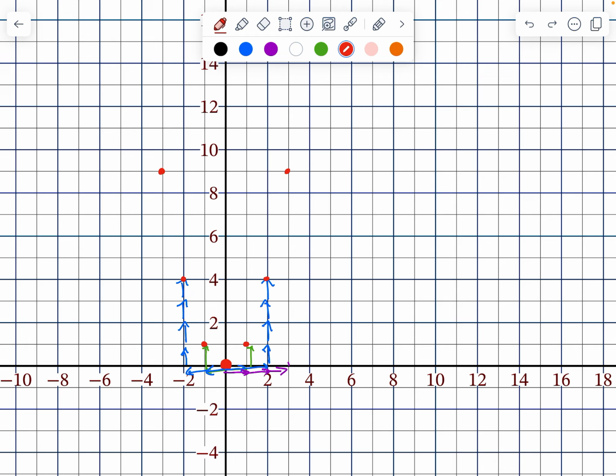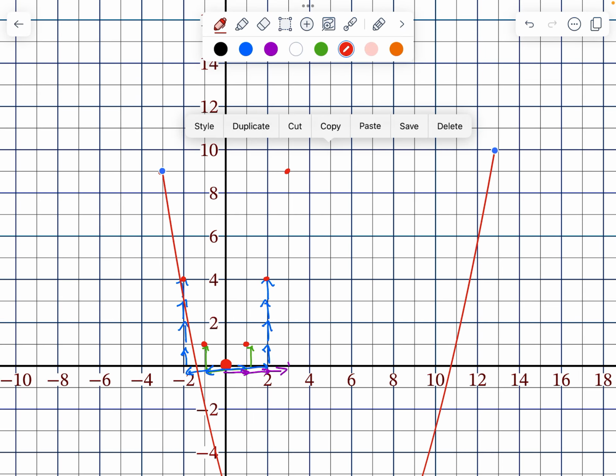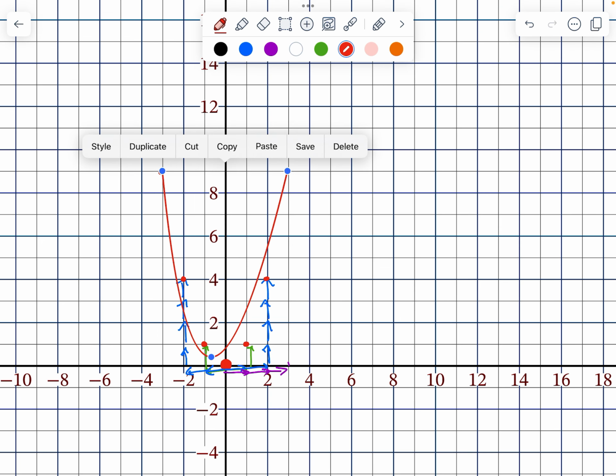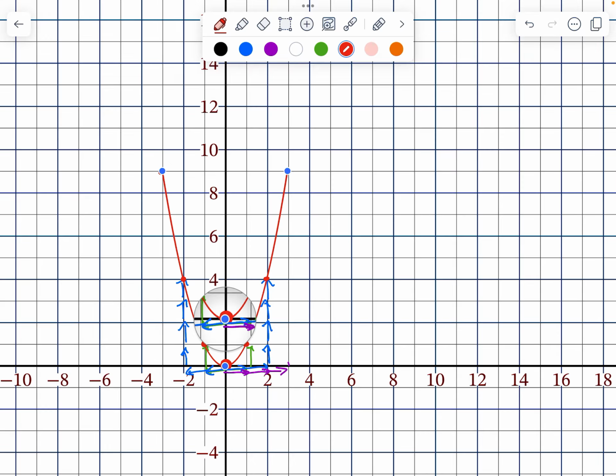I can't get it. There we go. So let's see if I can do it this way. I'm going to just move this dot to there, and this dot to there, and this blue dot to there. There you go.